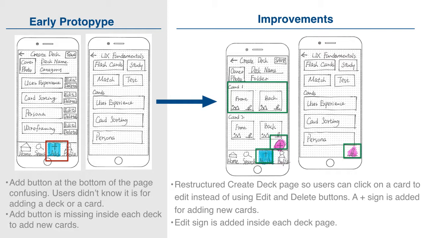And also inside each deck, the add button is missing for users to add a new card to this deck. So to improve this, I also use a different word for the same function. I use new deck instead of add, so that it is more clear that it is to create a whole new deck of flashcards.